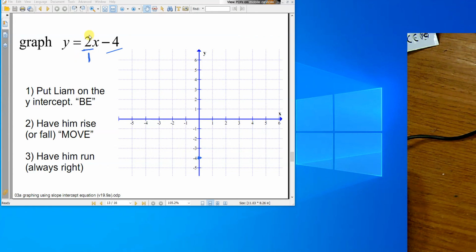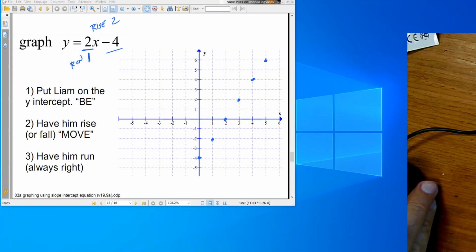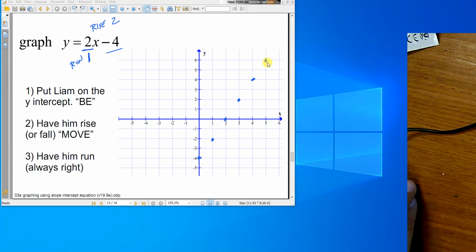Well, I know that slope is rise over run, so he wants to rise up 2, and he wants to run 1. Up 2 over 1, up 2 over 1, and so on. I connect the dots and I get a line.